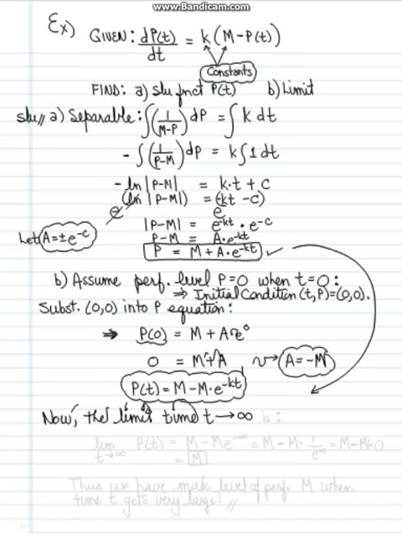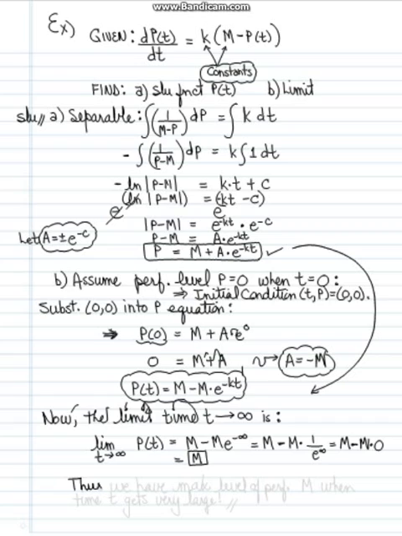So the infinite amount of time that you spend training, the limit of the performance as time goes to infinity is the limit as t approaches infinity of the function P of t equals M minus M times e to the negative infinity, which is M minus M times 1 over e to the infinity, which is M minus M times 0, so it is equal to M.